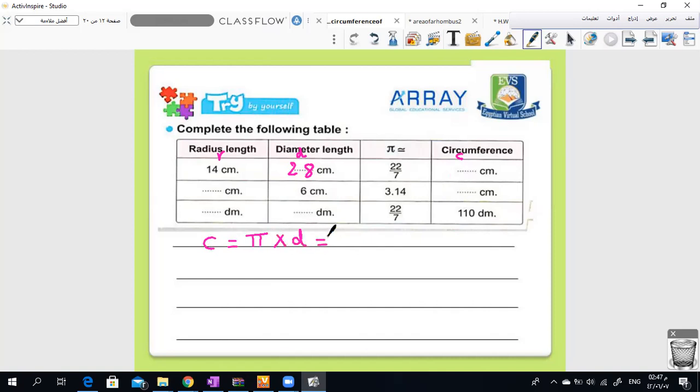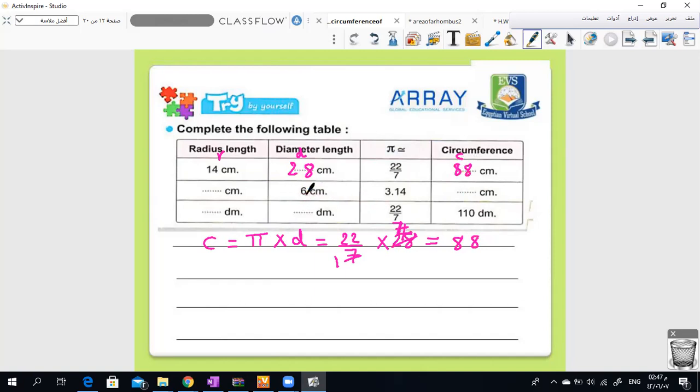So pi is given here as 22/7 times d, which is 28. We can simplify. Divided by 7 equals 1. Divided by 7 equals 4. So 4 times 22, it's 88 centimeters. So I'm going to put 88 here.